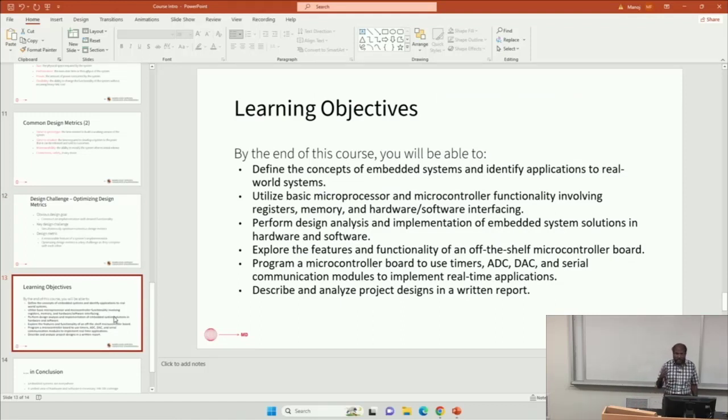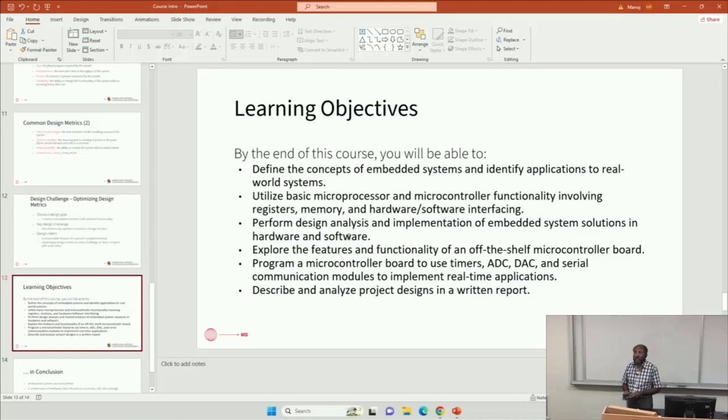The objectives of this course are that you should be able to define what an embedded system is. You need to identify where it is used, and you need to understand basic microprocessor functioning, etc. Then you should be able to do design analysis.